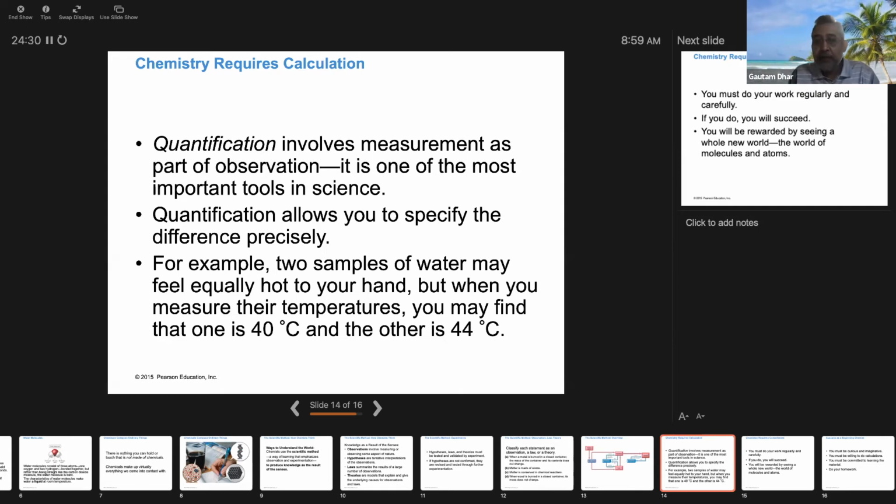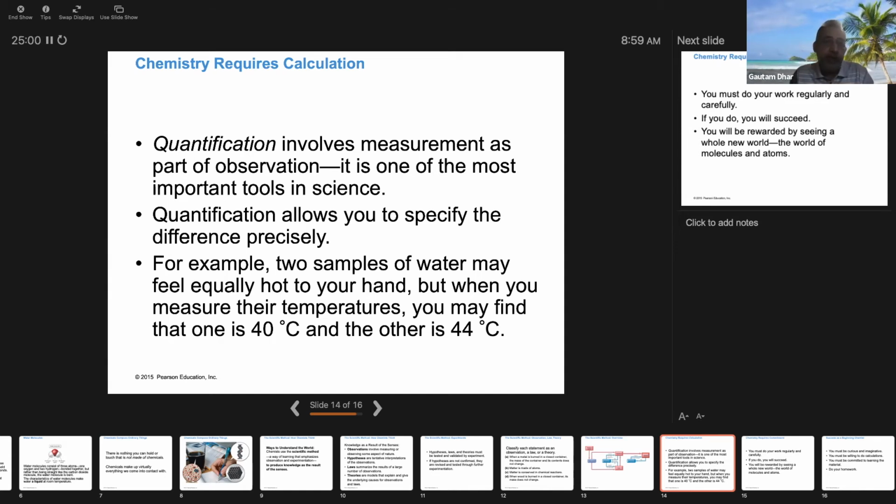There'll be numbers, there'll be units in measurement. Now, there's an example here, like why precision? We can basically judge from common sense, but how do you judge precision based on numbers? That's our next chapter. But if you look at this example here, two samples of water may feel equally hot in your hand. Our hand is an instrument, right?